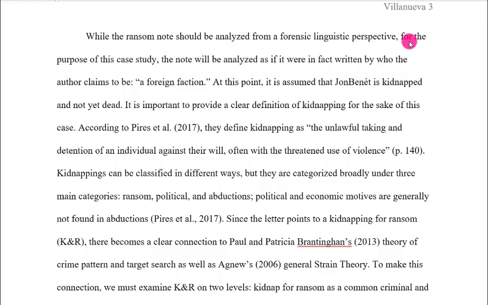For instance, "for the purpose of this case study," comma, would act as an intro for this complete sentence: "The note will be analyzed as if it were in fact written," and so forth. So we have our first intro phrase using the keyword "while," and then we have another intro phrase using "for," and then it connects to our complete sentence.